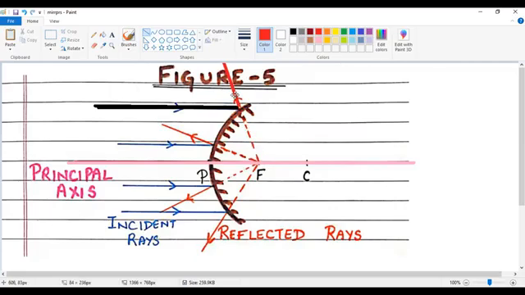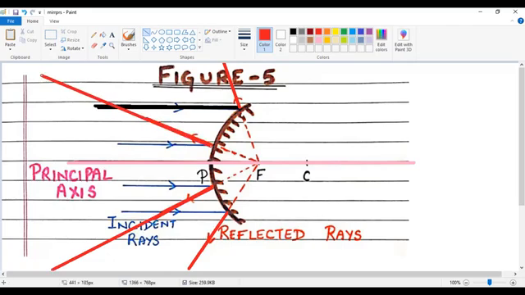Actually, the ray is reflected outward. All the rays are reflected in an outward direction and they are not coming closer. See in figure number 5, the reflected rays outside the mirror are going away from each other.